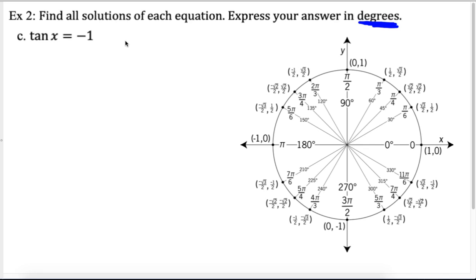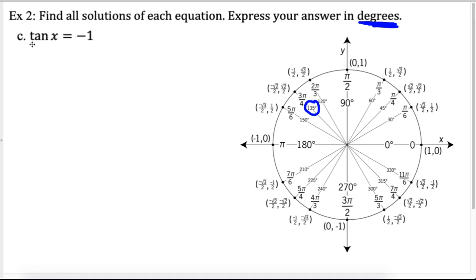We're going to have the same thing over the same thing, just one of them will have to be negative. That's going to occur right here, at 3 pi over 4, or in this case, 135 degrees, because sine over cosine gives negative square root of 2 over 2 over square root of 2 over 2. That would just reduce to -1.